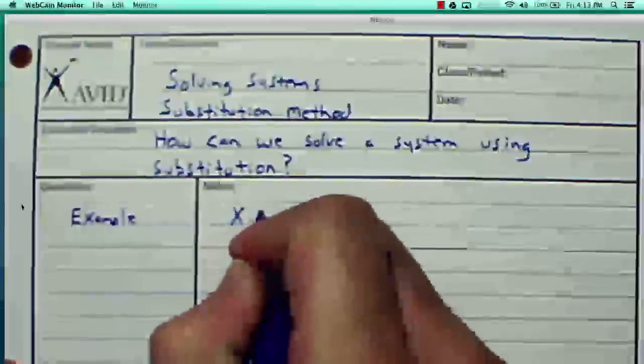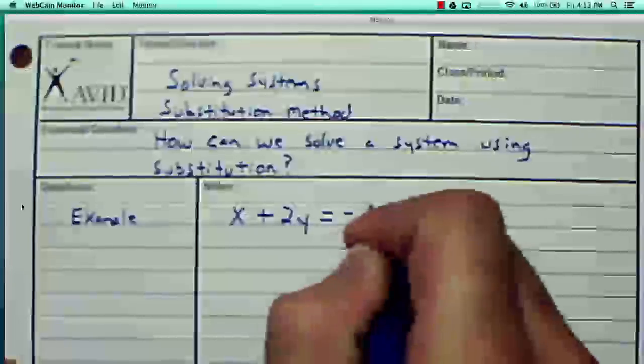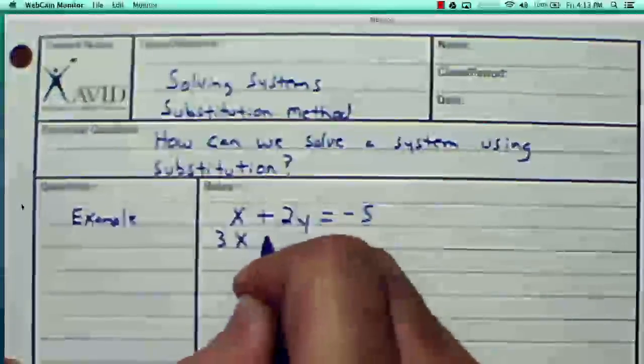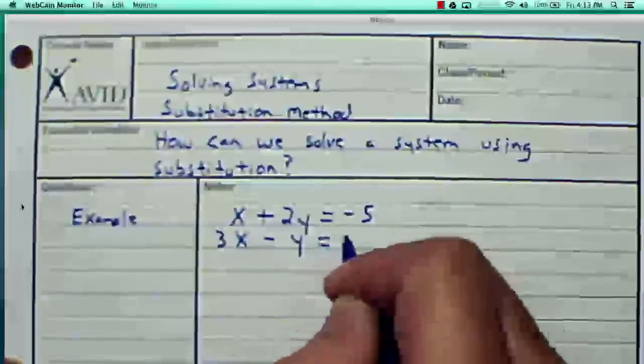x plus 2y equals -5, and 3x minus y equals 13.